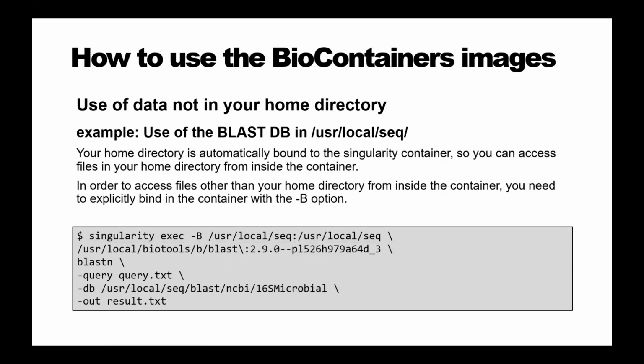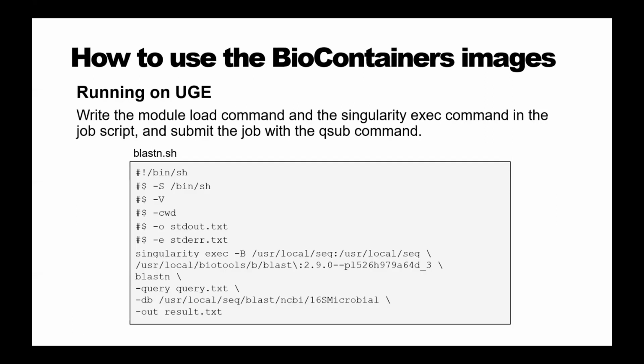The -b option is also used to bind the file or directory in your home directory to another location in the container. The Singularity container can also be executed in UGE.